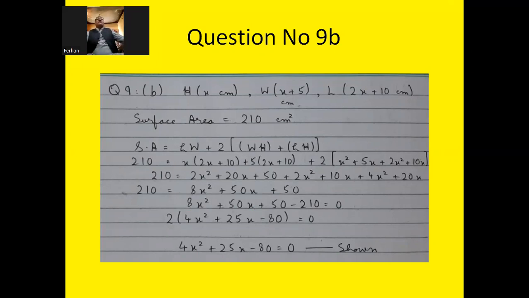So 210 equals length, which is 2x plus 10, times x plus 5, plus 2 into, I have already started multiplying them. When you simplify this, at the end you get 4x squared plus 25x minus 80. This is what you have to show.